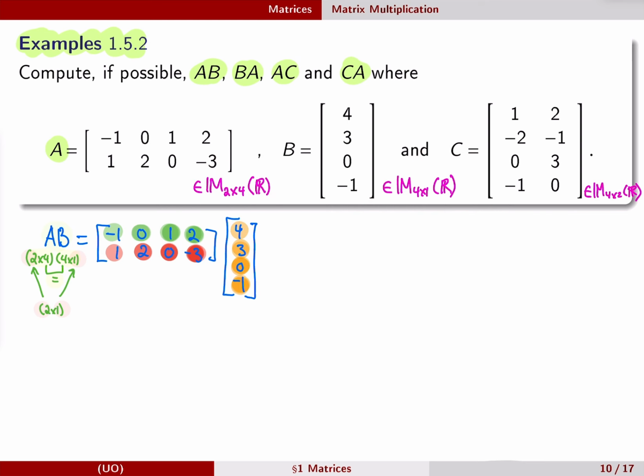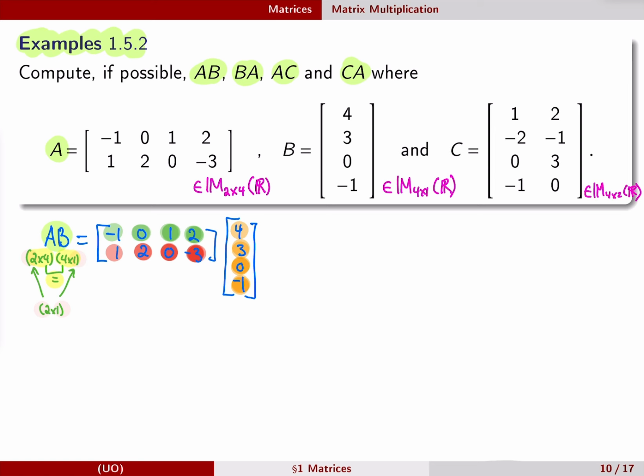So let's start with A times B. Is this product defined? My advice: I already have the dimensions written down. A is a 2 by 4, B is a 4 by 1. What you're looking for is that these inner numbers, the 4 in the 2 by 4 and the 4 in the 4 by 1, are equal. So I know that this product is going to be defined.